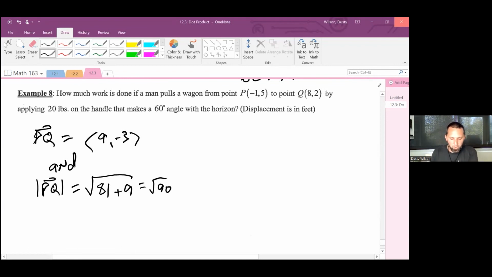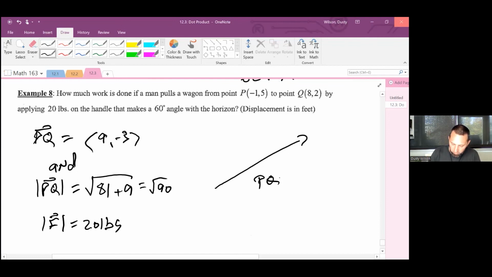And we know that the magnitude of the force is going to be 20 pounds. So we are traveling along some vector PQ, not to scale. I'm not actually locating my points. And we're pulling along the handle with some force F, and the angle is 60 degrees.